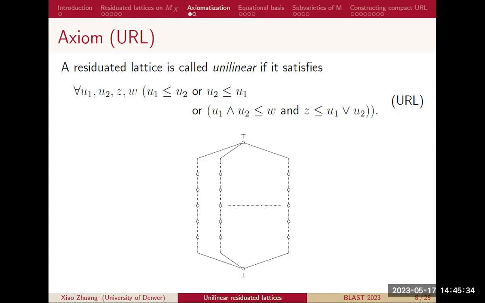Our main focus is on the nonlinear algebras in the classes, but we still want the axiomatization to be complete, so we hope to cover all the linear ones, but we do nothing about them. The study of linear residuated lattices is very abundant. And if we replace u1, u2 by the top and bottom, it says if two elements are incomparable, then the join is the top and the meet is the bottom.